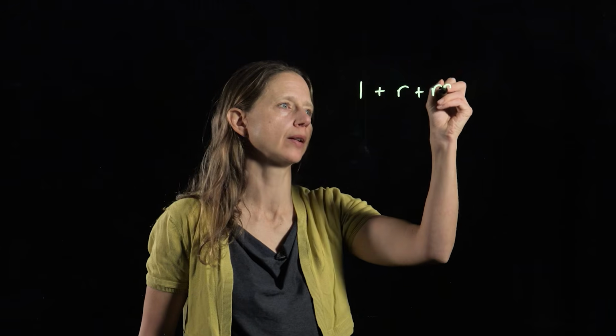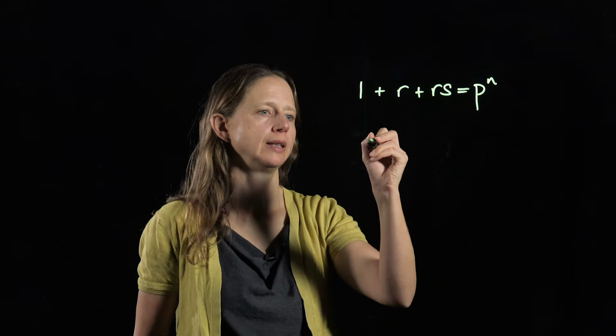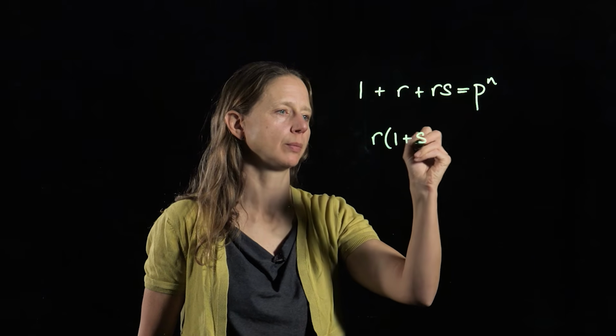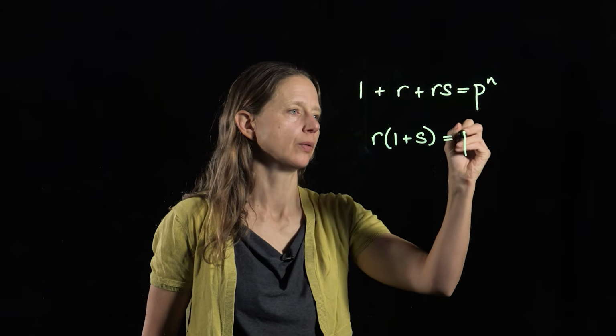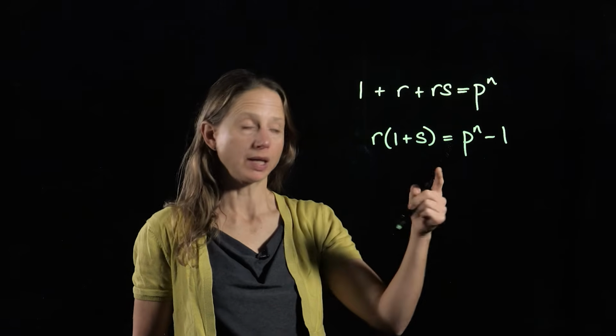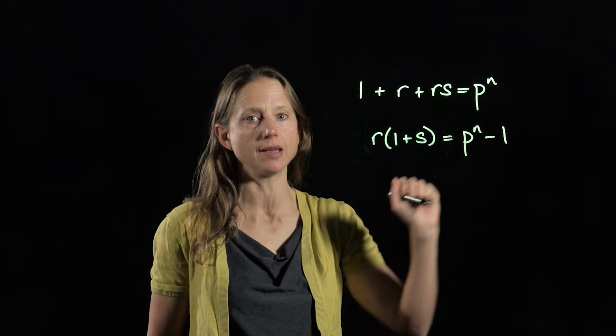So now let's think about odd primes. We need 1 plus r plus rs equals p to the n, where p is odd. And we can do the same thing that we did before and get r times (1 plus s) is equal to p to the n minus 1. And because p is odd, p to the n is odd, and so p to the n minus 1 is even.